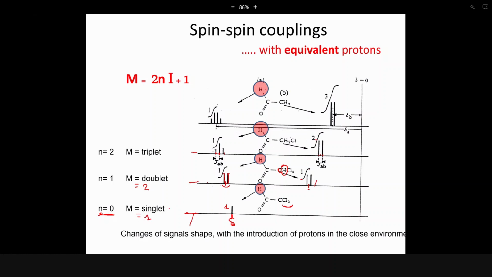And as you can see in the structure, the aldehyde proton is directly linked to 2 protons. So N equal 2, M equal 3. I have 3 lines for the aldehyde proton. In a triplet, we have 2 small lines, and in the middle, the line is twice higher than the 2 outer ones.